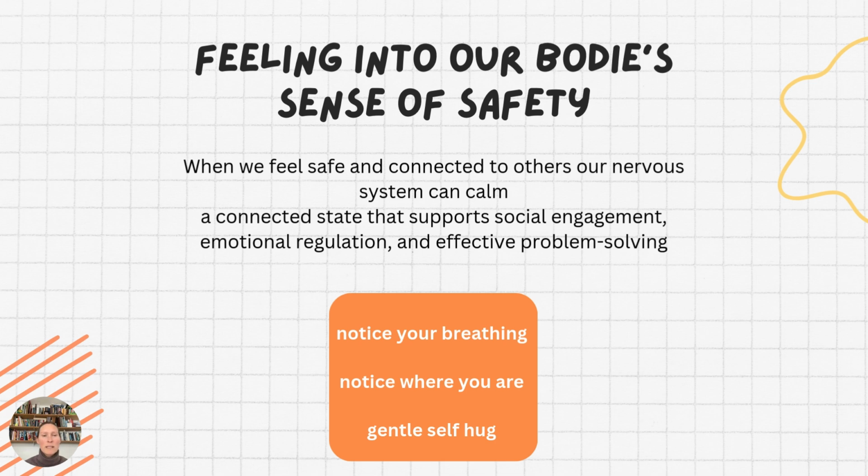And some of the ways that we do that can be noticing your breathing and noticing your surroundings, or maybe a little bit of a gentle self-hug. It's really simple, and there's some really in-depth research referring to this. Polyvagal theory is one of them.